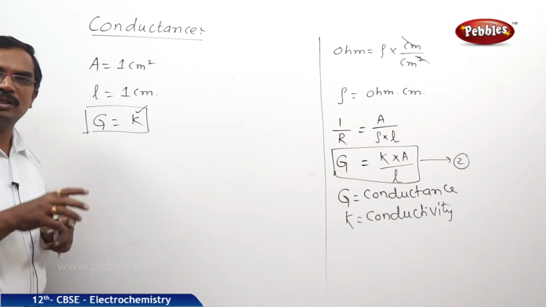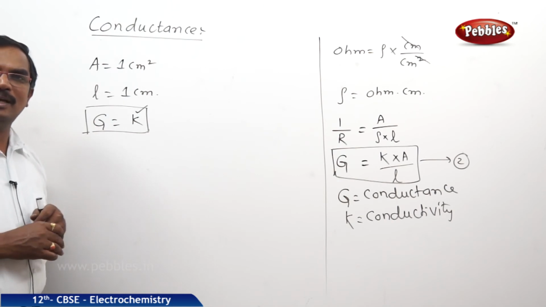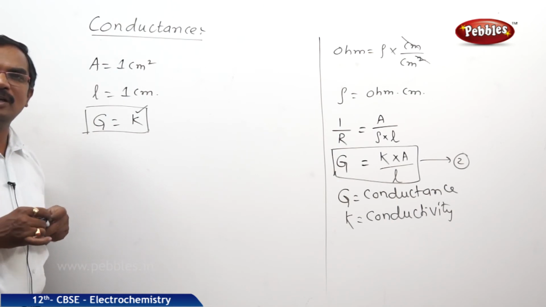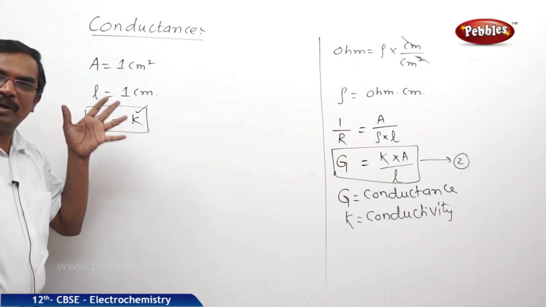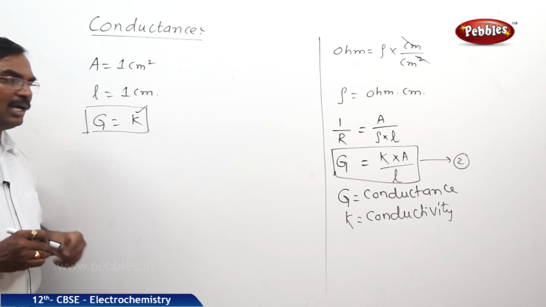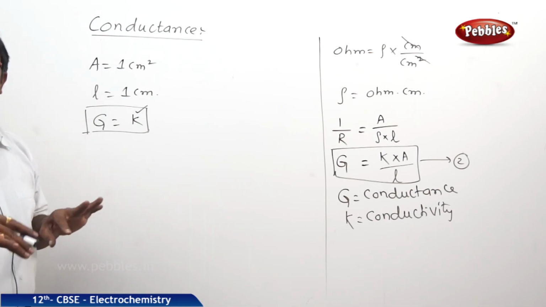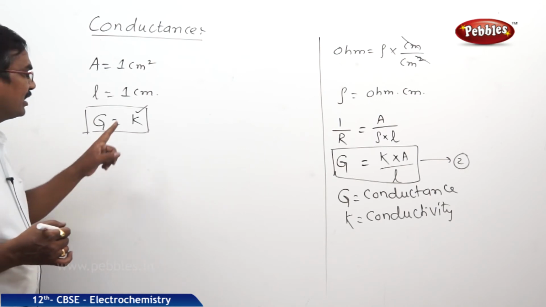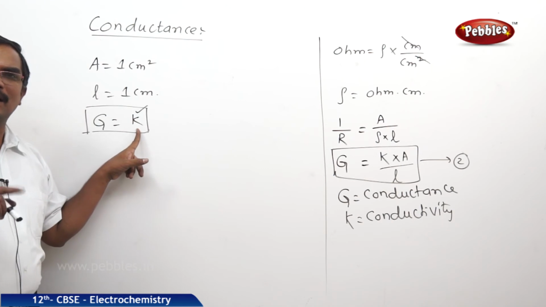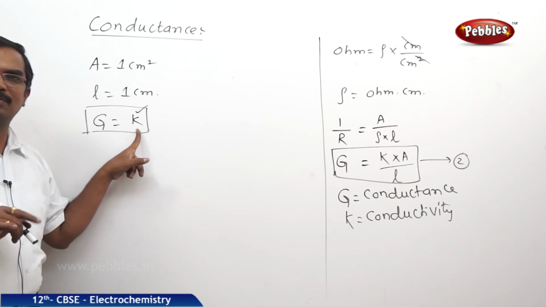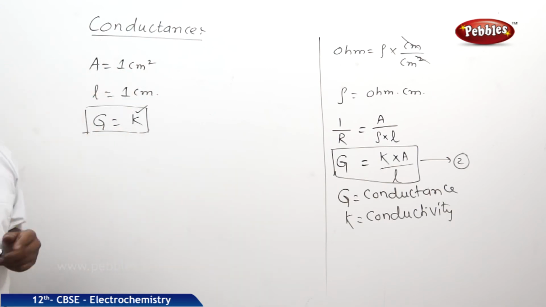So when these two are separated by 1 centimeter and the cross-sectional area is 1 centimeter square for the electrodes, then the conductance of this solution is generally called the conductivity. So we can define it in different ways. This is how we get K. Generally we call this K kappa. This is how we get the conductance.